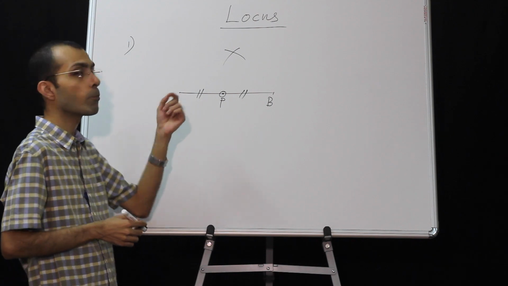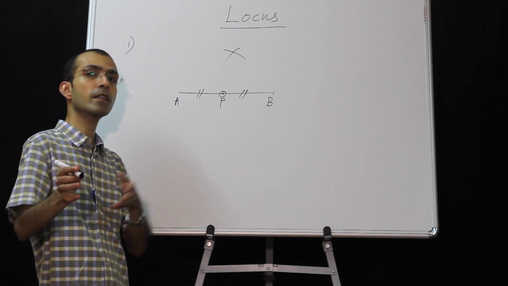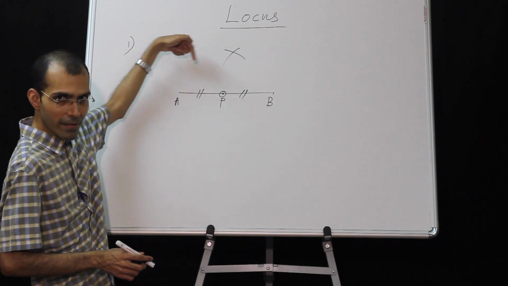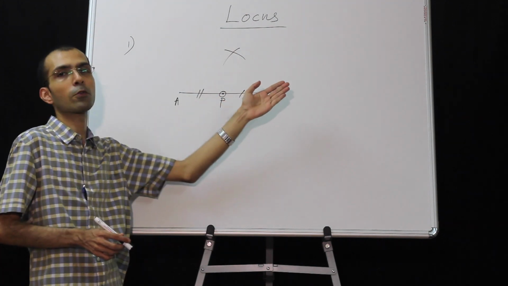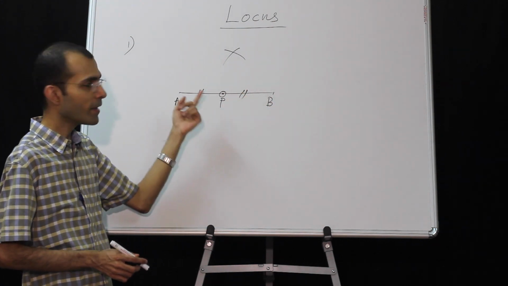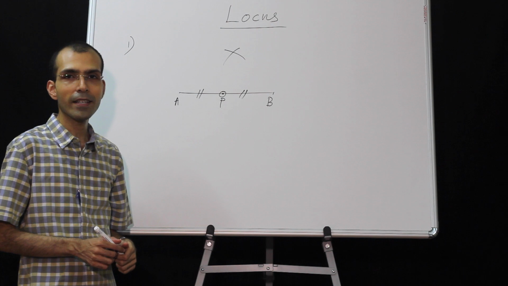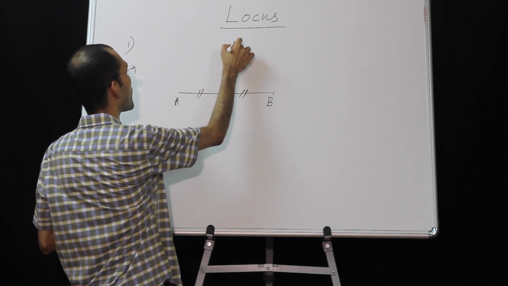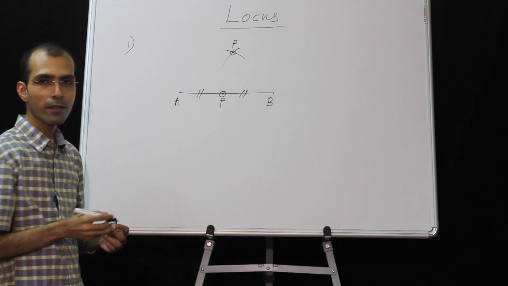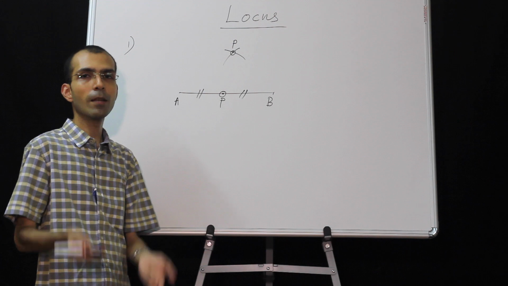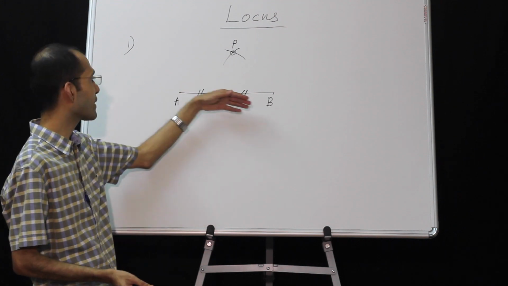Because we want a point which is equidistant from A and B. जितना point P A से दूर है, उतना ही B से दूर होना चाहिए. So we'll cut a 3 centimeter arc from A, and from B also. This is also a point. This position is also fine because PA and PB will be equal. Why? We have cut the arcs that way.